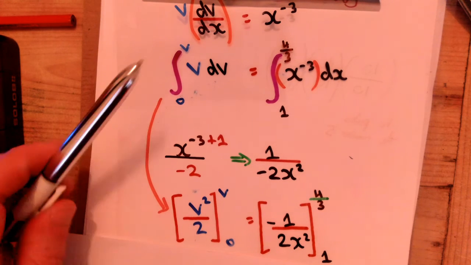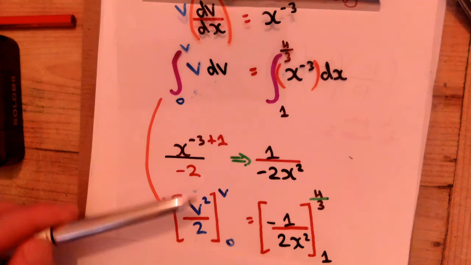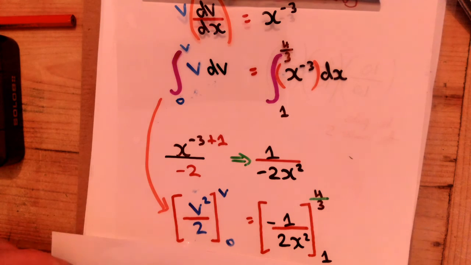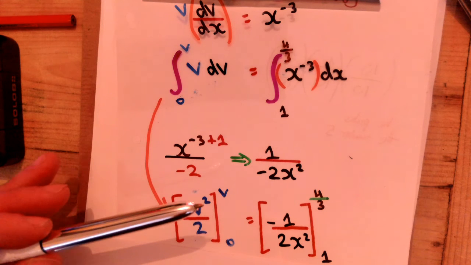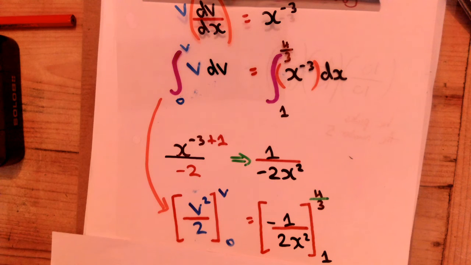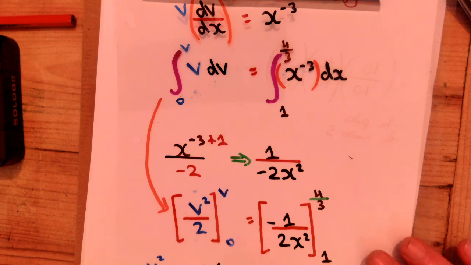Add 1 to the power, divide by the resultant power, and put the square brackets around it. So there's no integral there anymore. Integration has now done its job, and we're just putting in the upper and lower limits. Take your time with it.